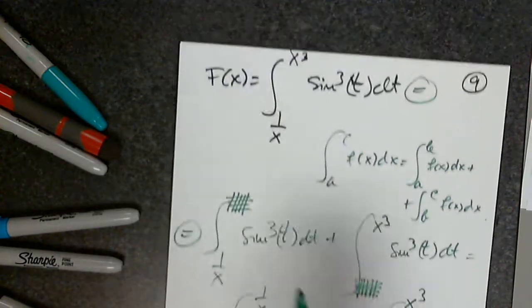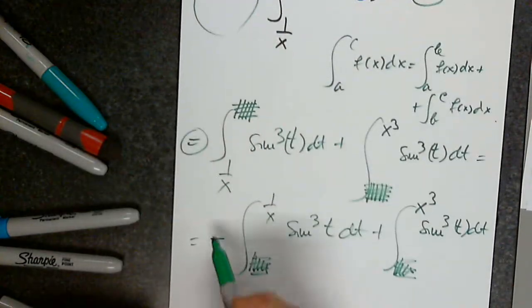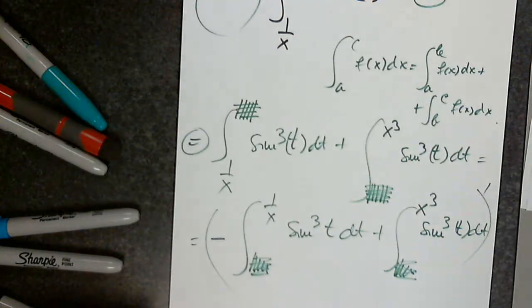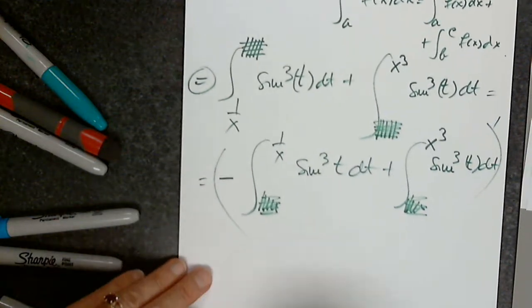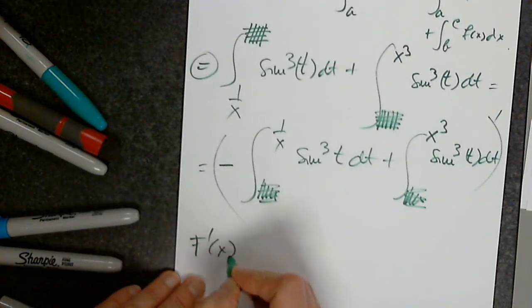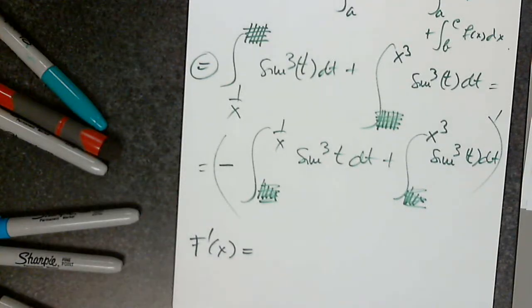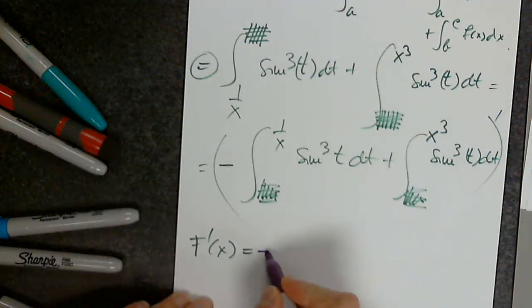Now we're ready to differentiate. We're going to differentiate the first part and the last. F prime of x. Because we know we can differentiate a sum, no problem there. So please tell me what to write as the first part. Negative, definitely.